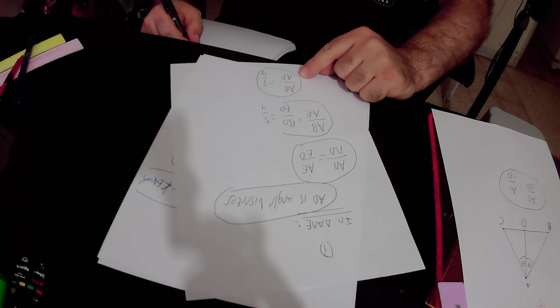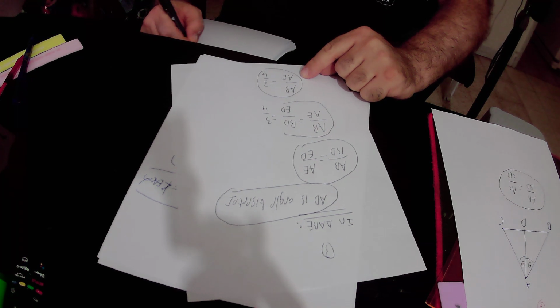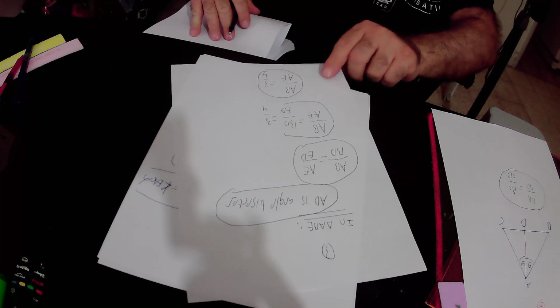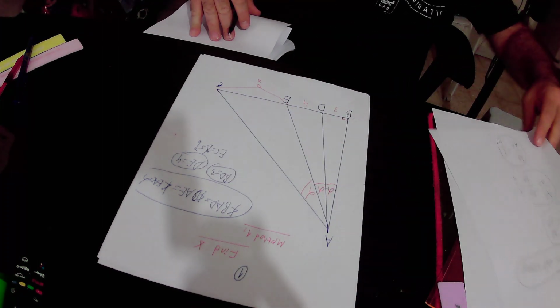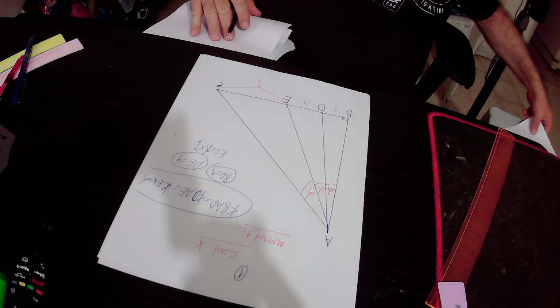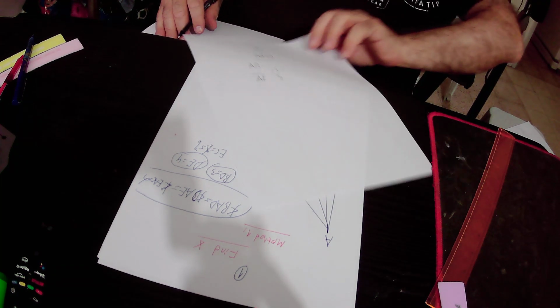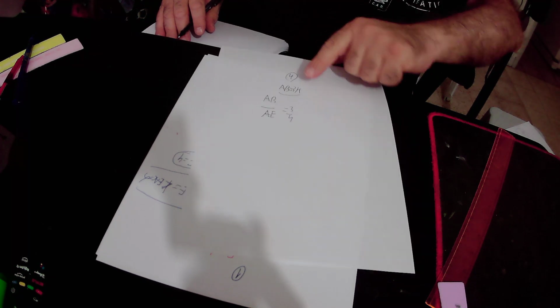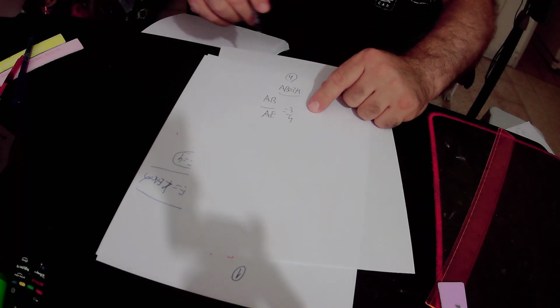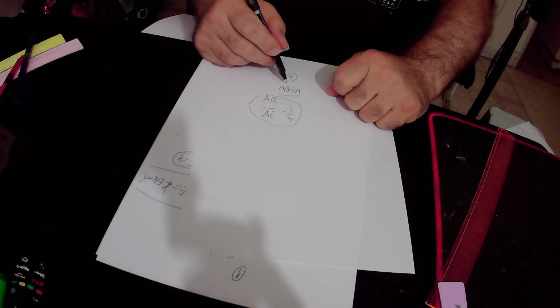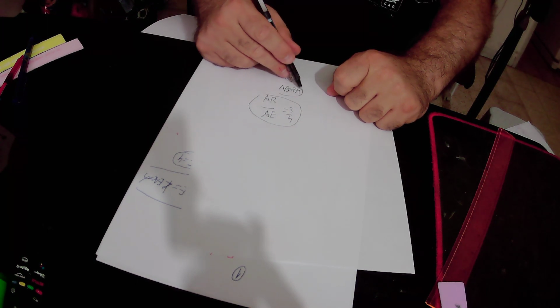So we know that AB over AE equals 3 over 4, and we defined AB as 3K.